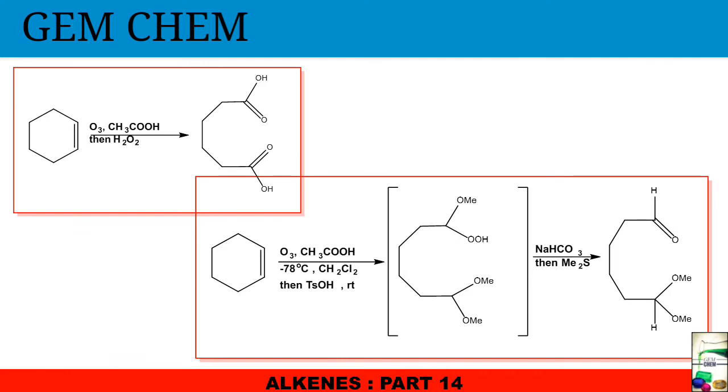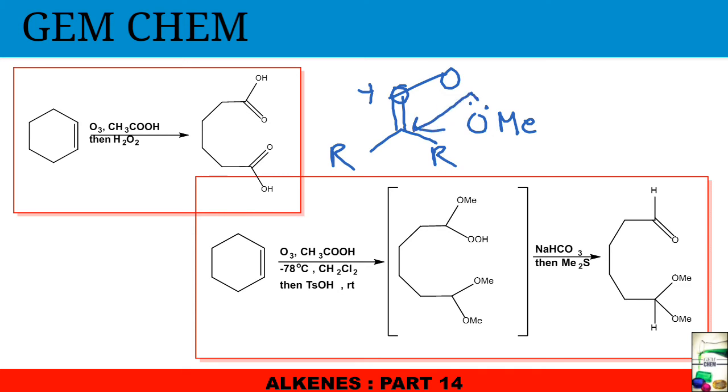So what happens? OMe attacks the position after cleavage, that is this part which we have seen in the previous case. This particular moiety gets attacked, and here we get this product, OMe, OMe and OMe, OOH.